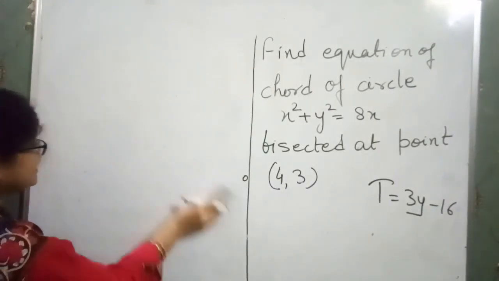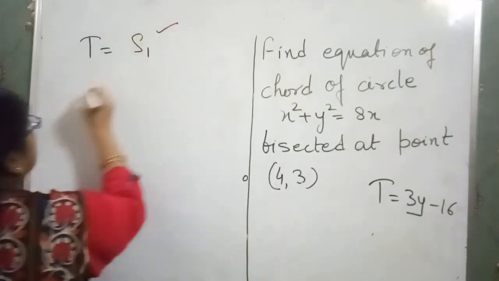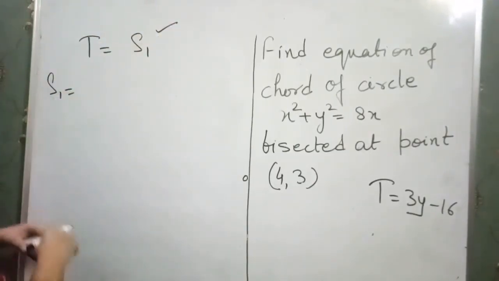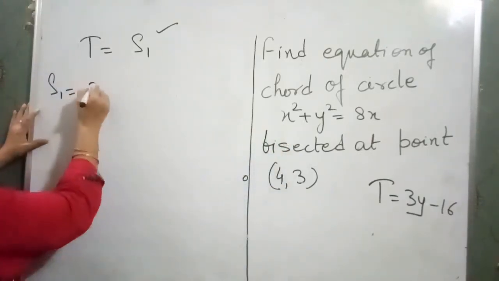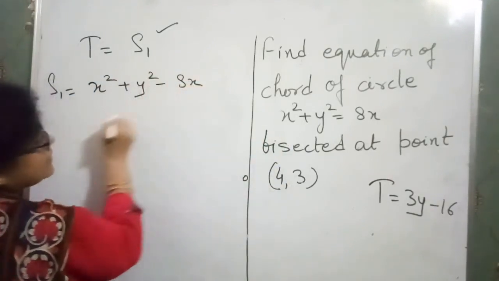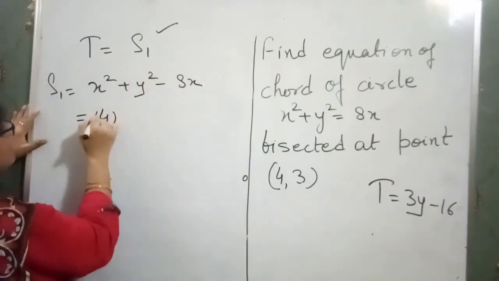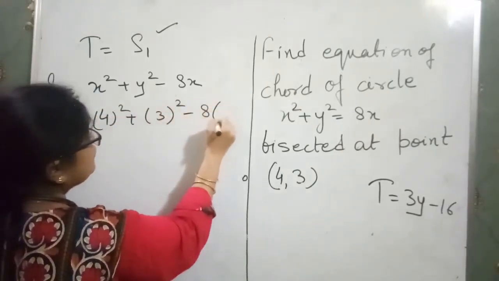Now see how we do that. Equation of chord is T is equal to S1. Now we have to find the value of S1. For that we put these coordinates in the equation of the circle, that is x square plus y square minus 8x. Now we put the values 4 square plus 3 square minus 8 into 4.